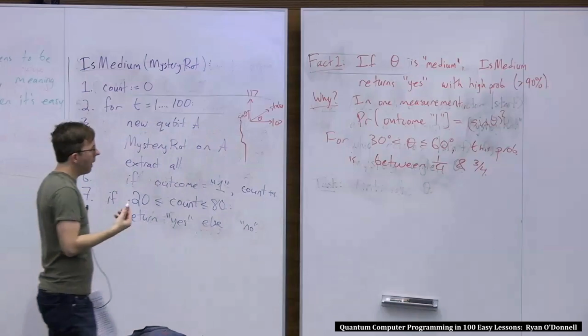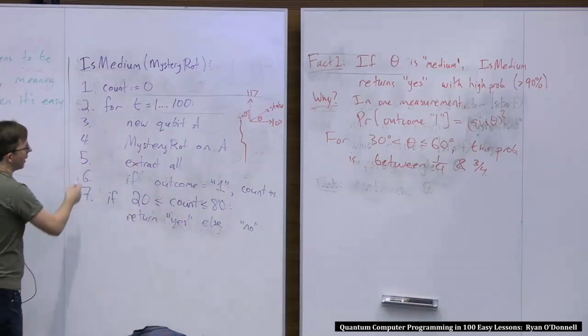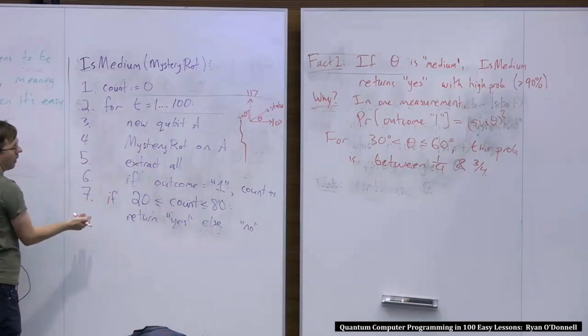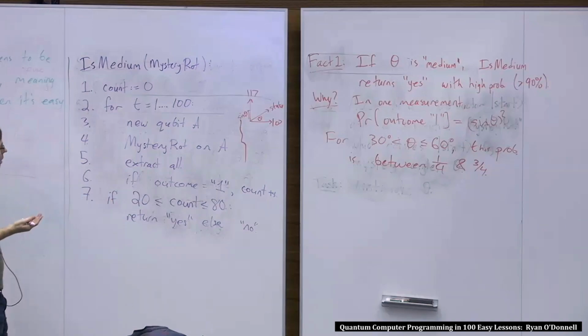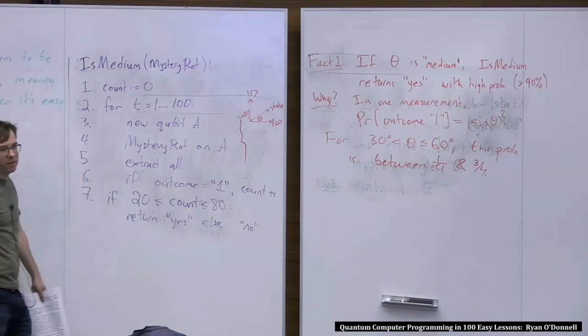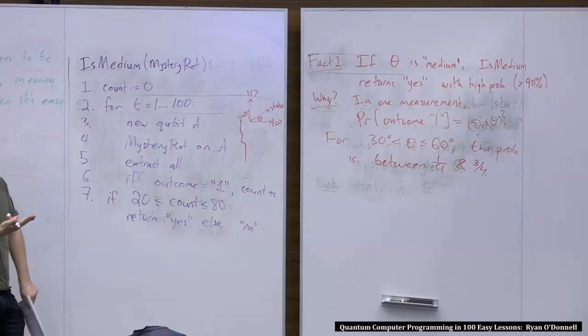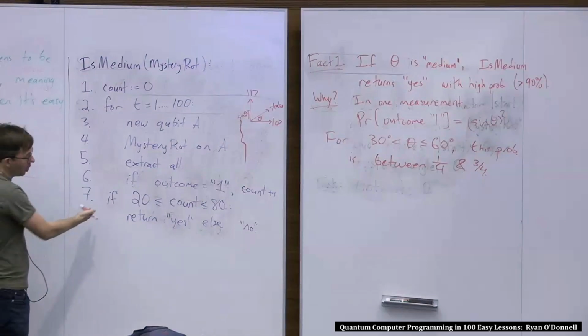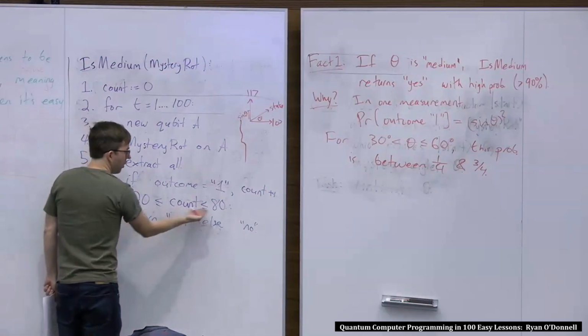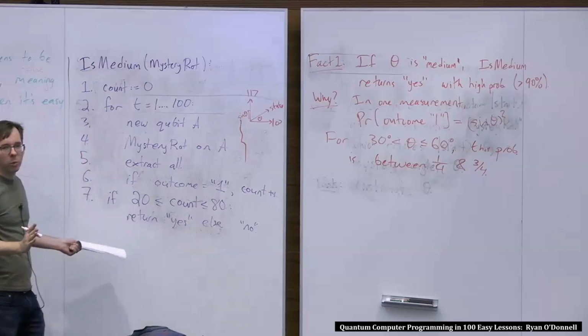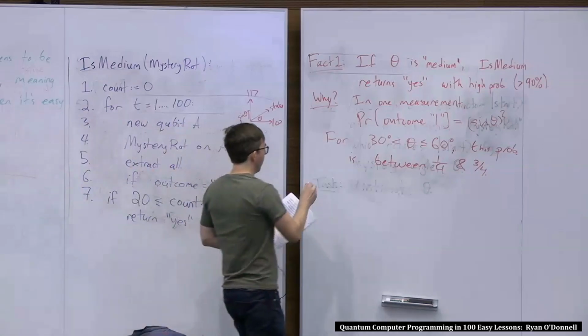So we expect the outcome 1 somewhere between 1/4 and 3/4 of the time. If you're doing this 100 times, you expect a count between 25 and 75, and we're checking a more liberal range, between 20 and 80. So it should work.